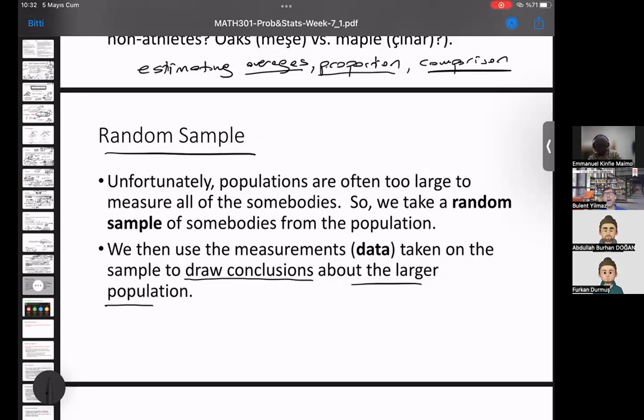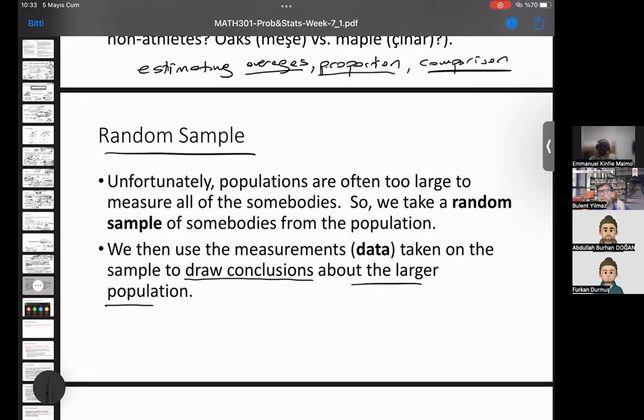For example, I am producing 100,000, let's say, TV units. Do the people in the factories do the checking of each and every unit? No, they just sample a certain number of units, and they check those units from that lot. For example, that day 1,000 units have been produced.